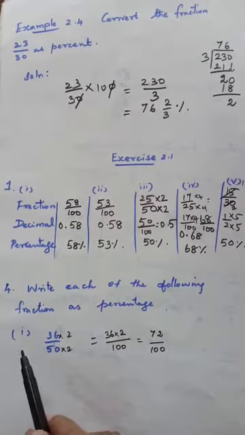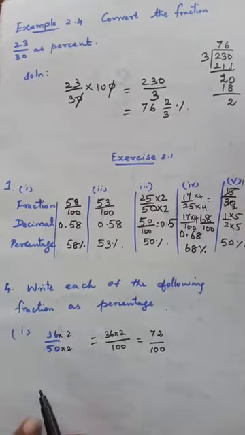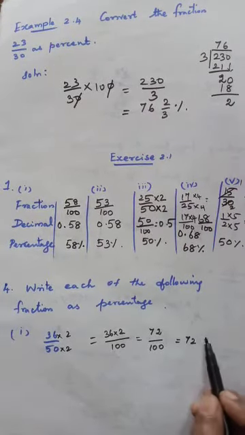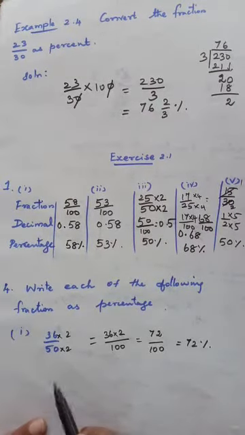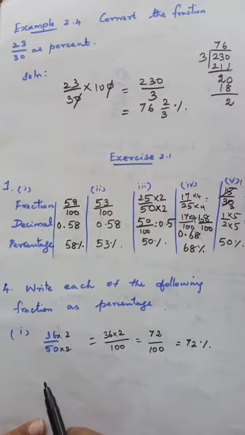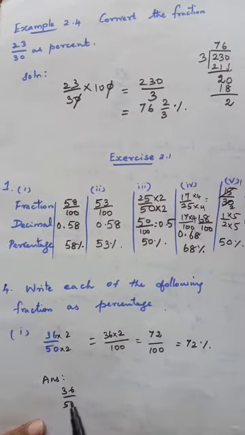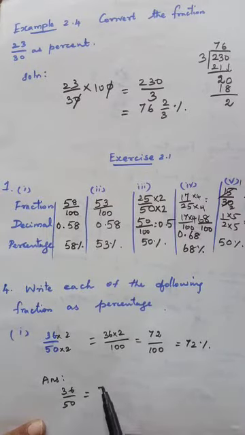You have to change this to fraction and percentage. So the percentage is 72 percent. 36 by 50 becomes 72 percent.